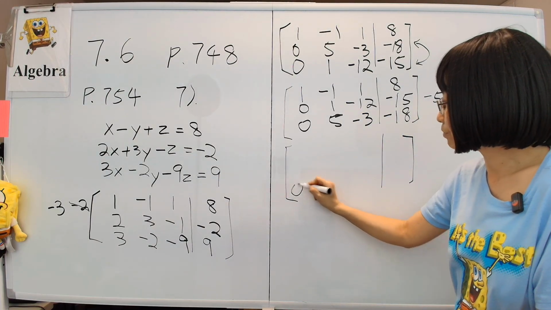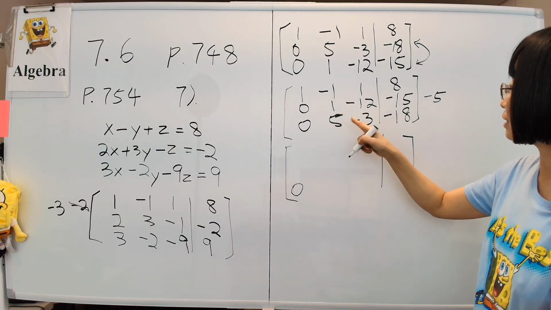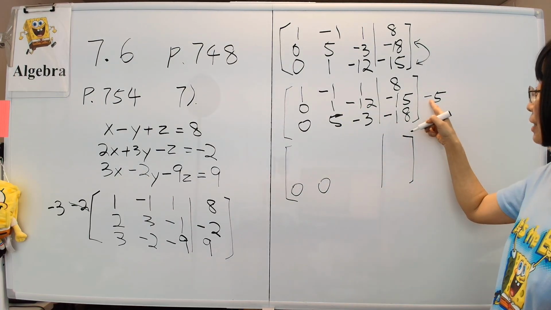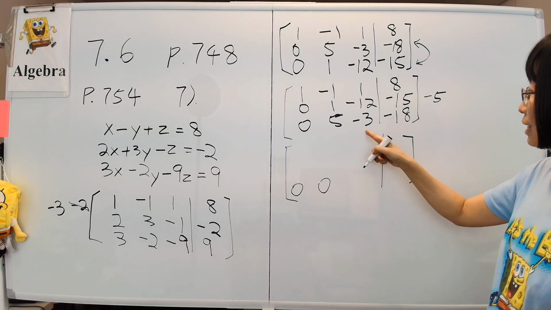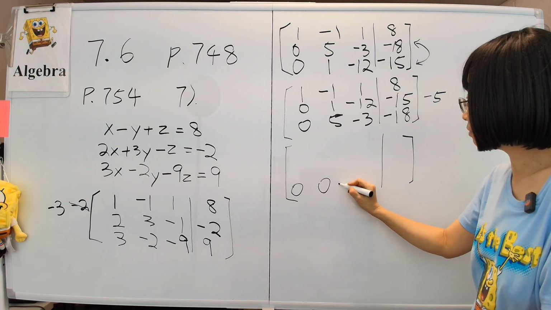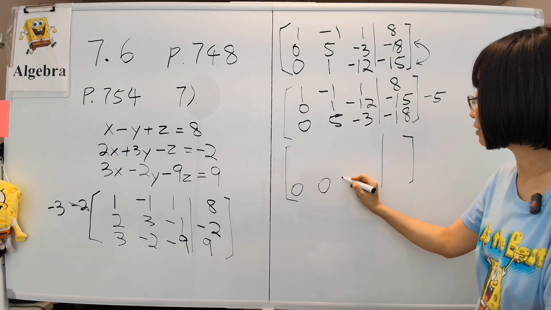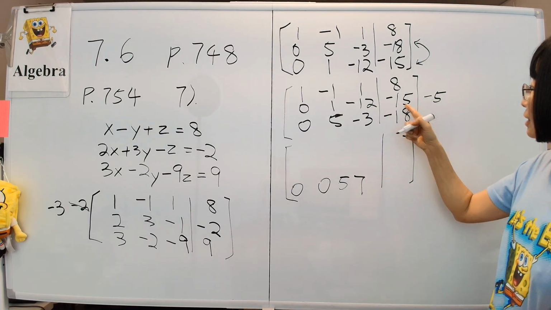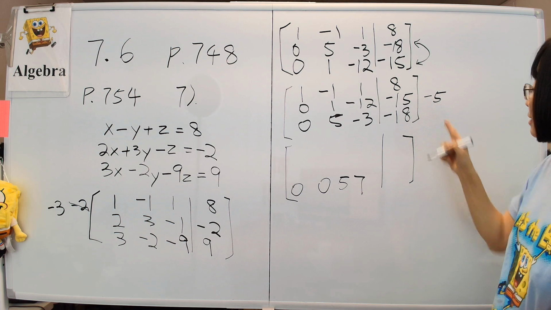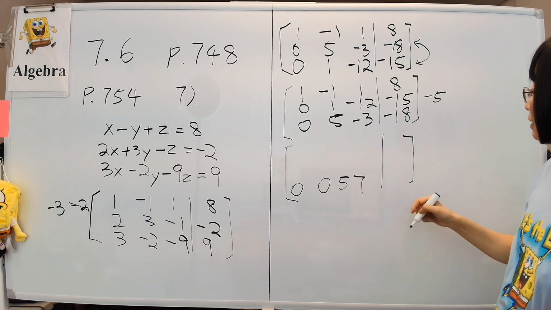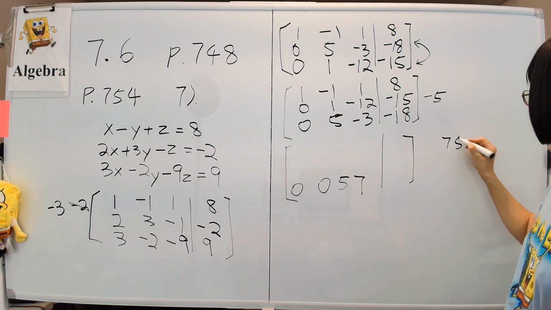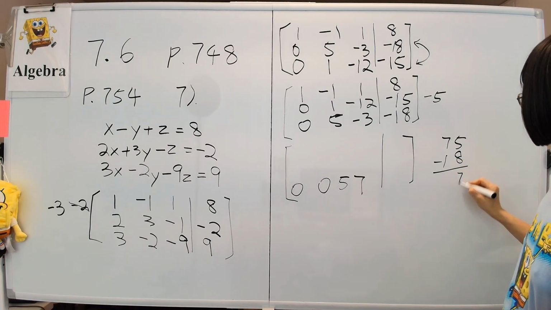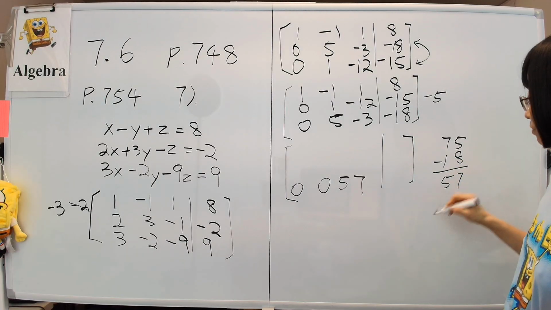So the first entry will be 0, and this times minus 5, then plus 5, is also 0. This times minus 5 is 60, minus 3 is 57. And then finally this times that is 75 minus 18. What's 75 minus 18? I don't know. Let's do this. That's 57 or something.